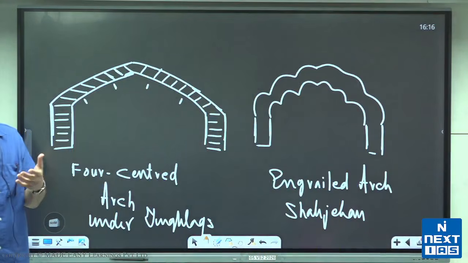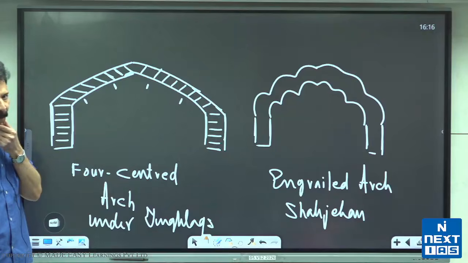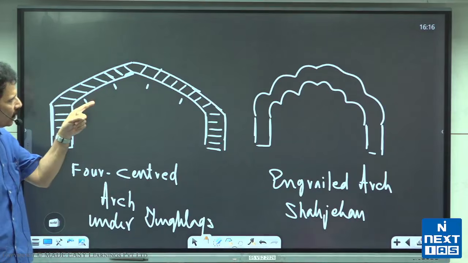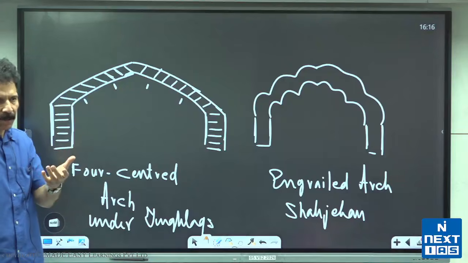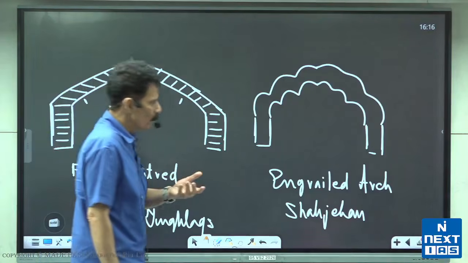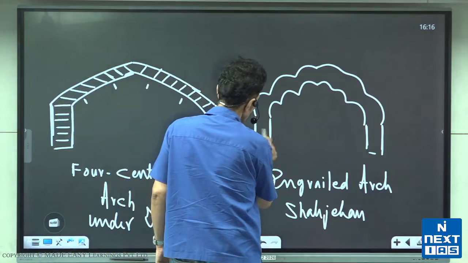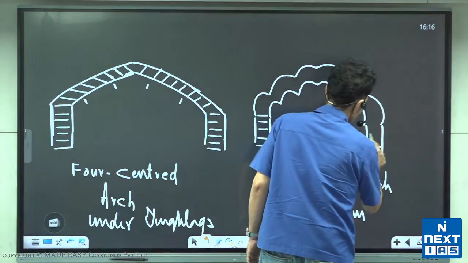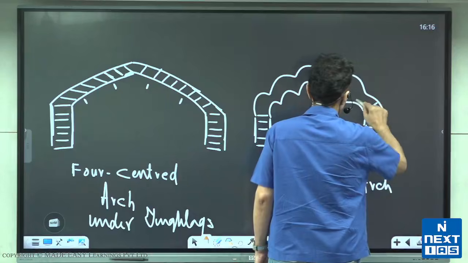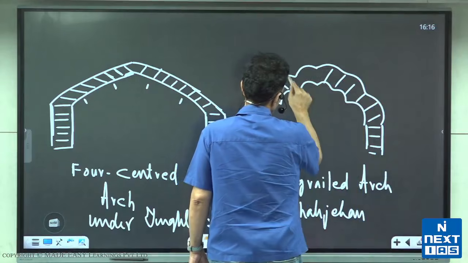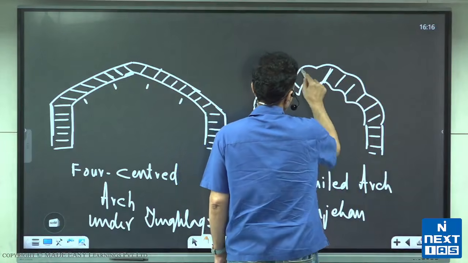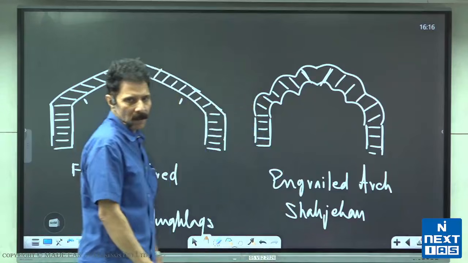This is a new variety that emerged under Shah Jahan. If you look at the arches in the Taj Mahal and the Red Fort, they are like this: engrailed, multi-foiled or cusped. And this is a true arch, and see the keystone or central voussoir.